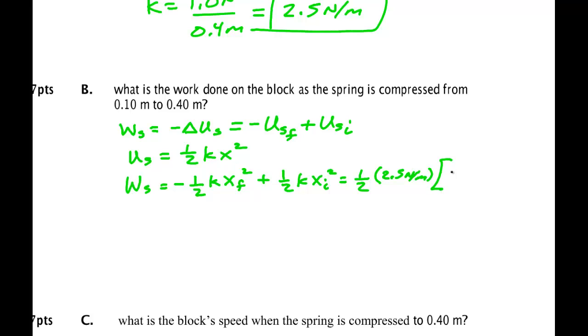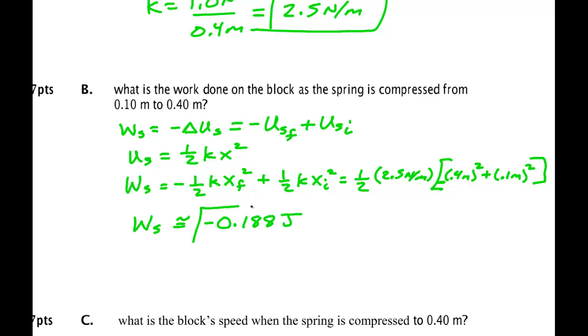The final is 0.4 meters squared, and that's a minus, I lost my minus sign right there, plus 0.1 meters squared when it was at its initial position. I plug all that in and I find minus 0.188 joules.